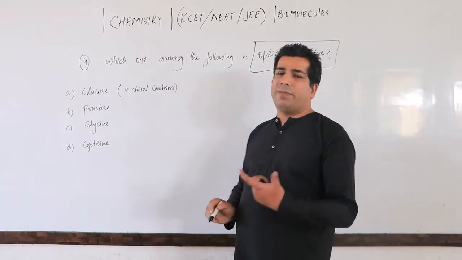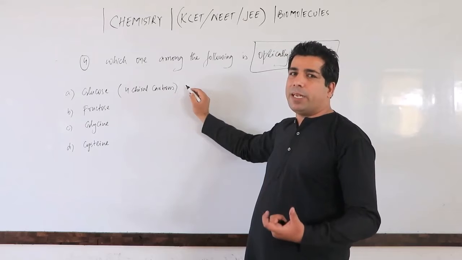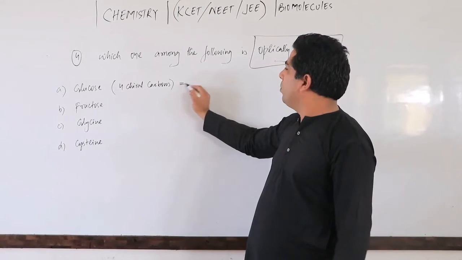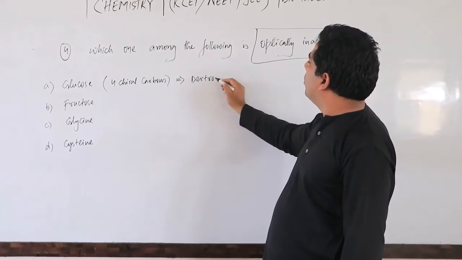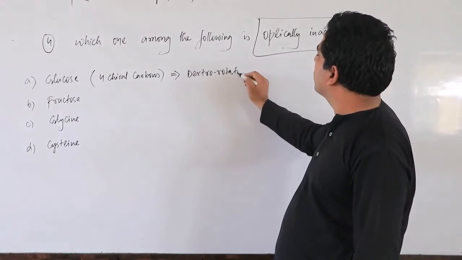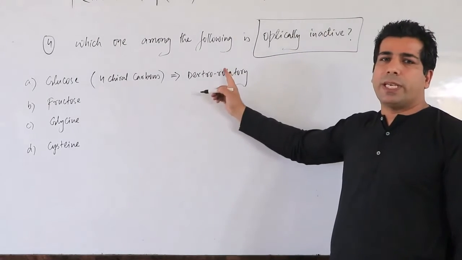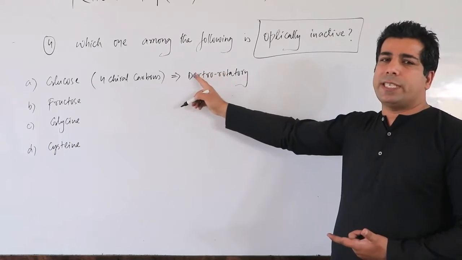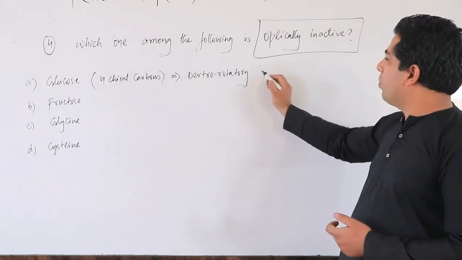So when it has 4 chiral carbons, and we have also seen experimentally that it can rotate the light in clockwise direction, we know that it is dextro-rotatory. It shows optical activity, meaning it can rotate the light in clockwise direction. So it is a dextro-rotatory molecule. So it's optically active.